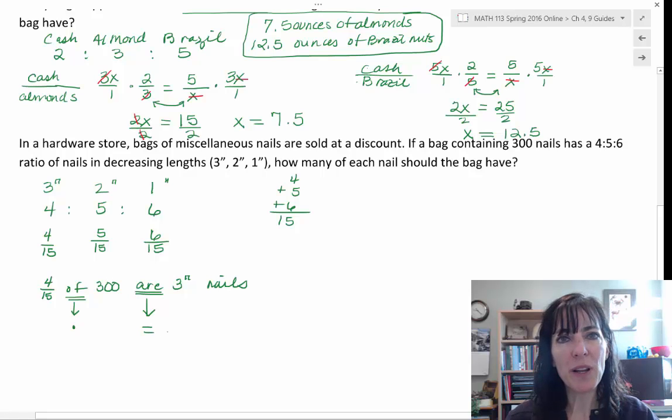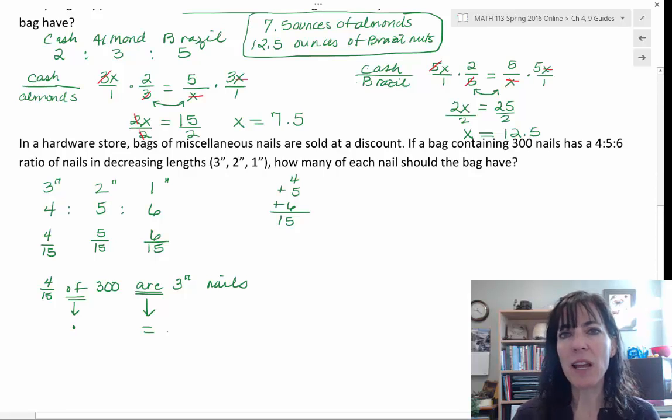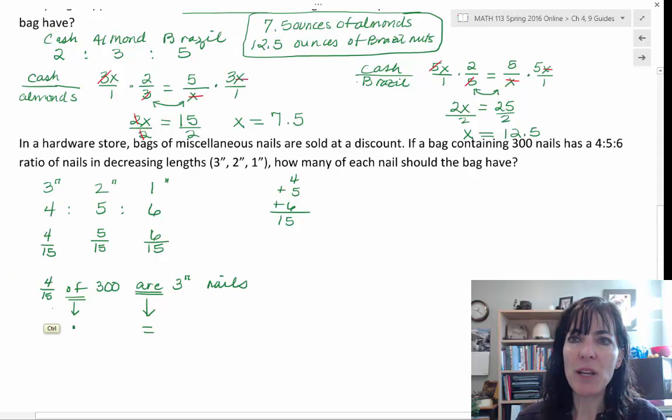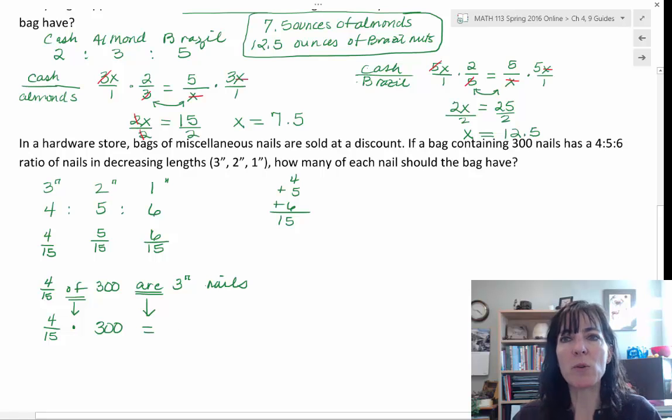So if we can write ourselves a sentence like that and we have all the information except for one piece, we can calculate things pretty easily. So I would rewrite this to be 4/15 times those 300 nails equals our number of 3-inch nails. We want to know the total that we get when we multiply those two.